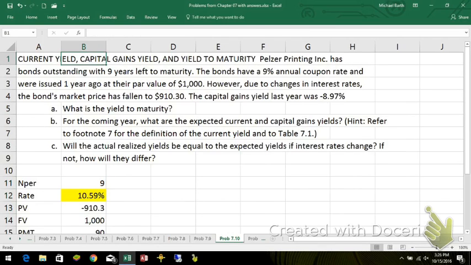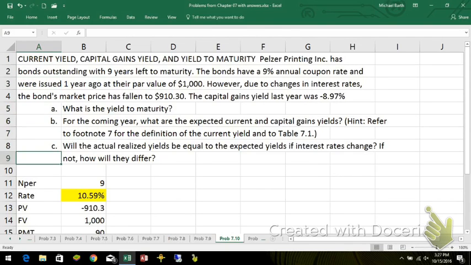Now, when the bonds were issued, they were issued at par. That means that the market interest rate was 9%. Anytime the price of a bond is equal to the par value, the yield to maturity is also equal to the coupon rate. So when the bond was issued at its par value of $1,000, it means the market interest rate was 9%, the same as the coupon rate.